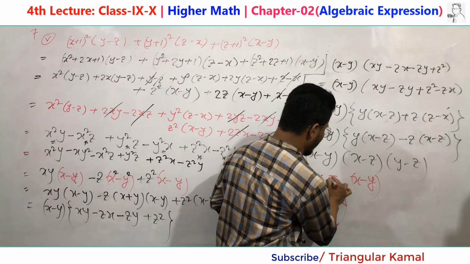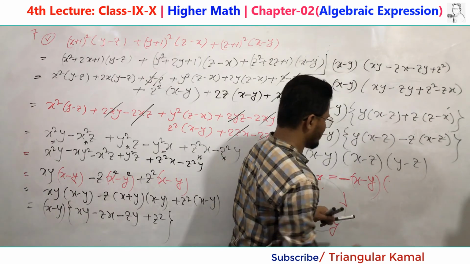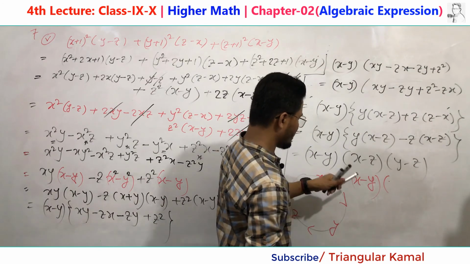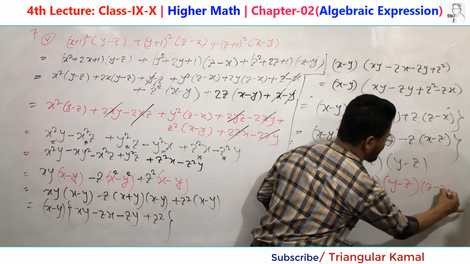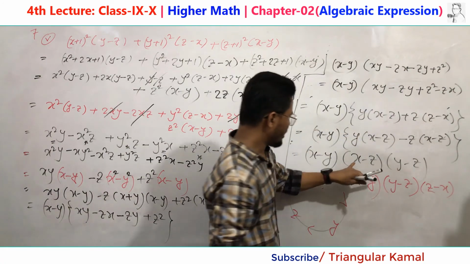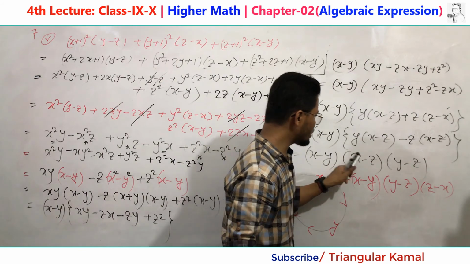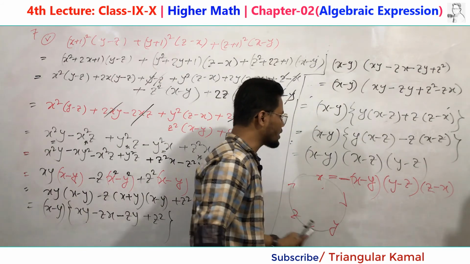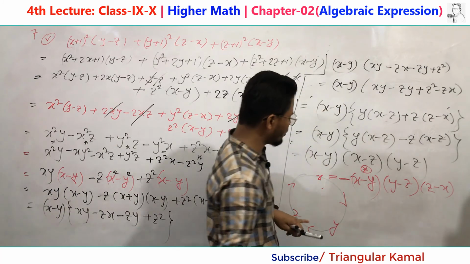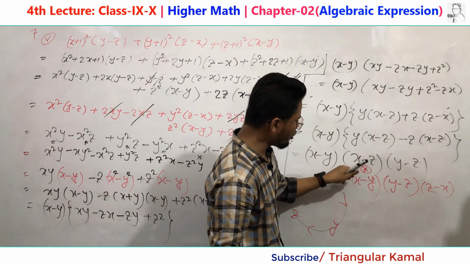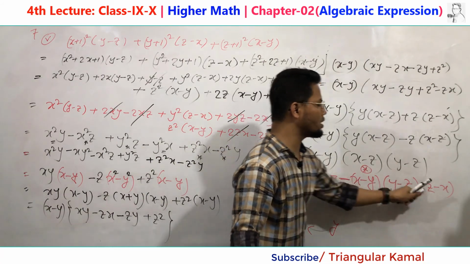So take minus 1 common, so this one will be x minus y, first write y minus z and finally z minus x. And from here z minus x, just taking minus 1 common, then these 3 variables will be in a cyclic order. Only the second one is not in a cyclic order. That's why we took minus 1 common. And when minus 1 is common, x minus z will be z minus x.